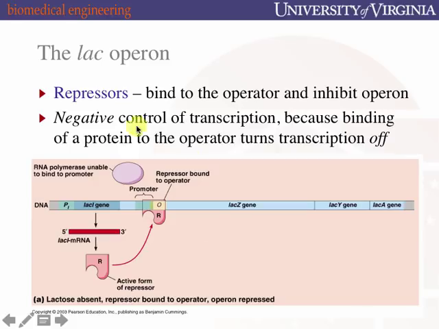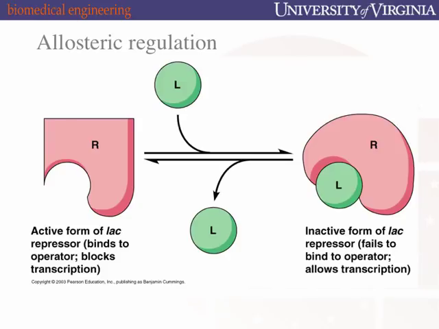Now the LAC-I gene encodes for a repressor called the LAC repressor. And the interesting characteristic of the LAC repressor is that its repressive ability is determined as a function of the available lactose inside the cells. When there is no lactose inside the cells, the LAC repressor serves as a repressor.